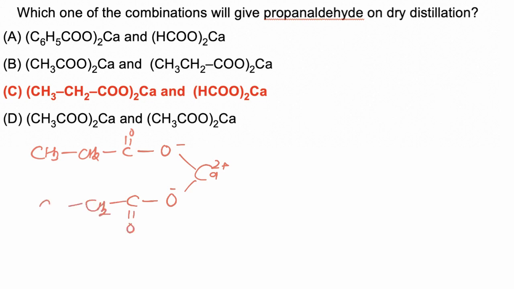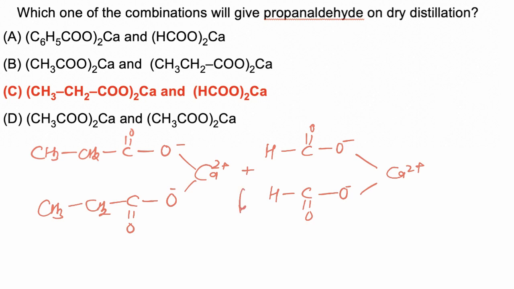Calcium propanoate, and when this molecule is treated with the calcium salt of formic acid, so when these two molecules are heated, one of the products formed is calcium carbonate, released from both the molecules.